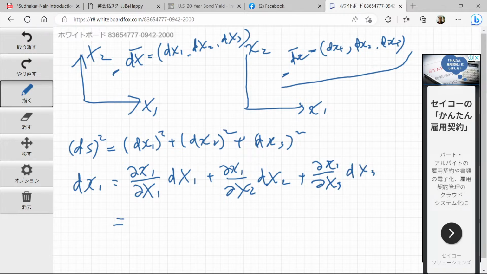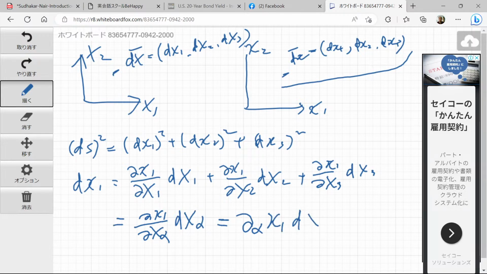Then you can write this in simpler form, like dx1 equals partial x1 partial X alpha dX alpha.